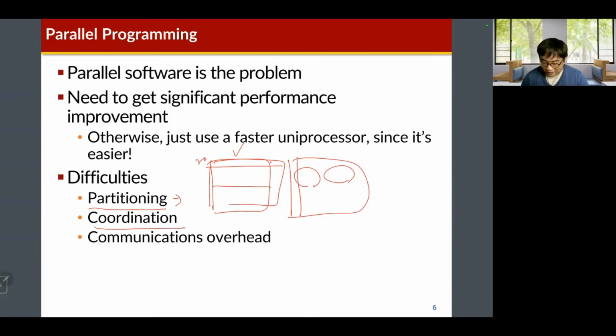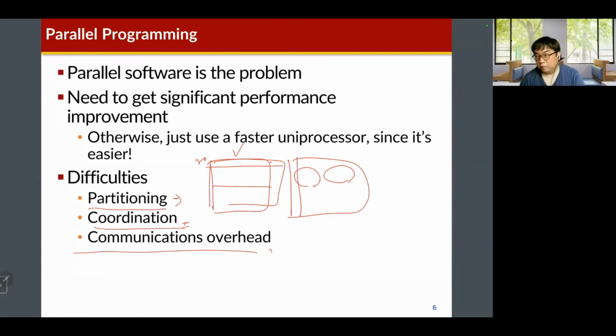So the data computed by multiple cores should be accumulated. This is the coordination.